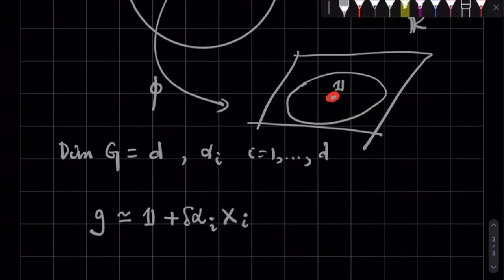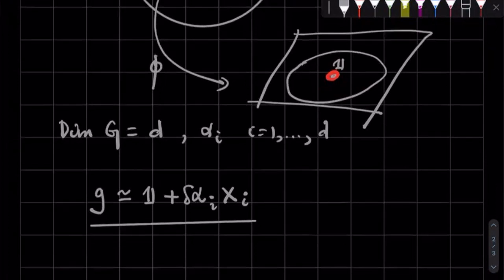Do you agree that this would be the form of a group element in the infinitesimal local neighborhood of the identity matrix? Yeah, I could see that. And of course, we're using Einstein summation convention. Sir, I had a question here. This is a group in terms of matrix multiplication, right?